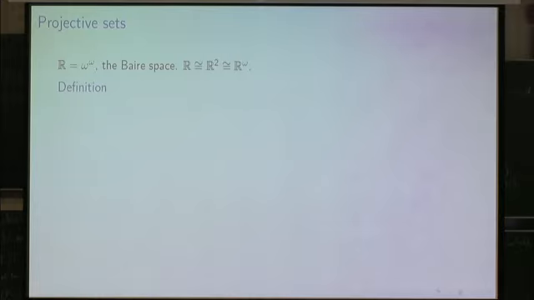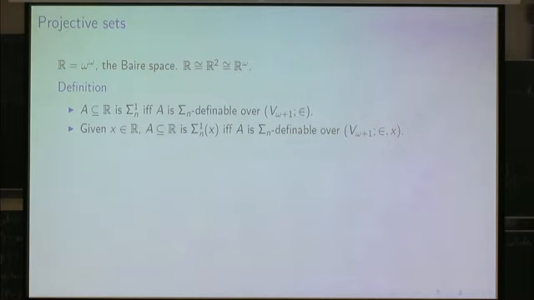In our talk, the set of reals is the Baire space, the infinite strings of natural numbers, so that product spaces will be homeomorphic to the one-dimensional. A set of reals is lightface Σ¹ₙ if it is Σ¹ₙ definable over the structure V_{ω+1}, and it relativizes to a real number.